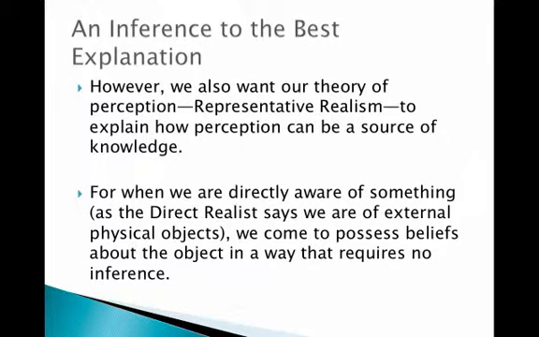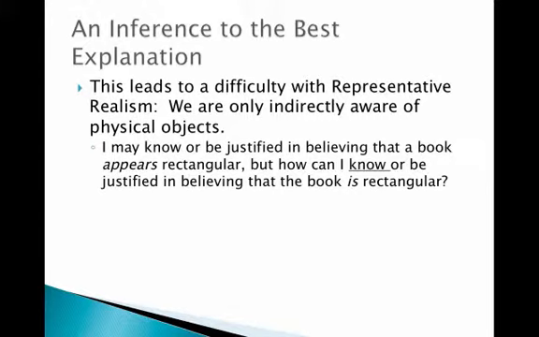However, we also want our theory of perception, representative realism, to explain how perception can be a source of knowledge. For when we are directly aware of something, as a direct realist says we are of external physical objects, we come to possess beliefs about the object in a way that requires no inference. This leads to a difficulty with representative realism. We are only indirectly aware of physical objects.